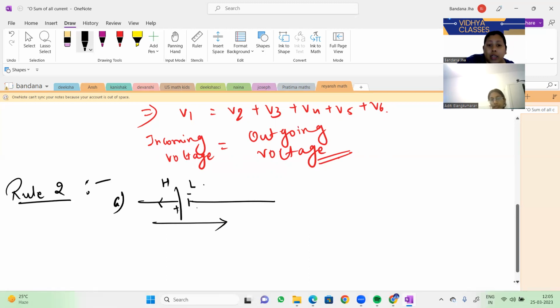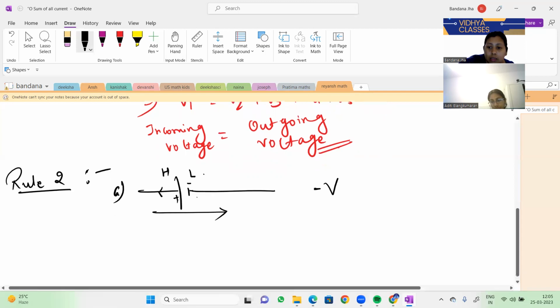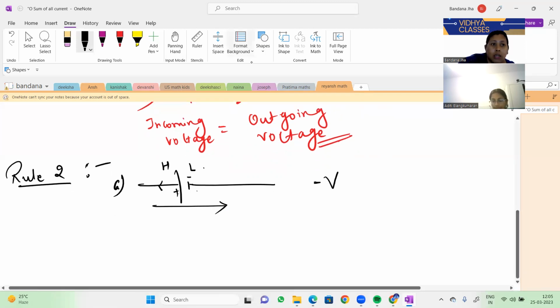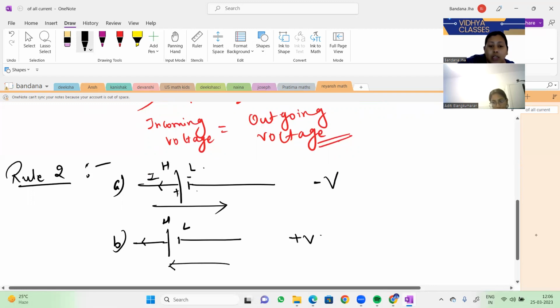That time the potential will be negative V. Now, if we go from the negative to the positive terminal, from low to high, that time the voltage will be positive.